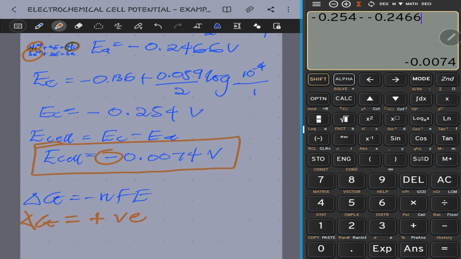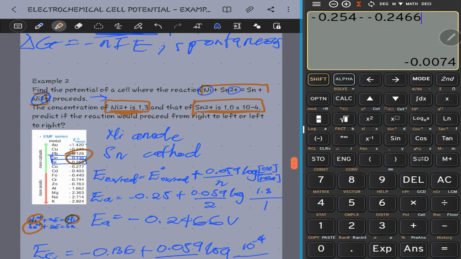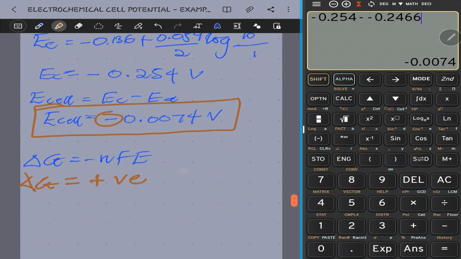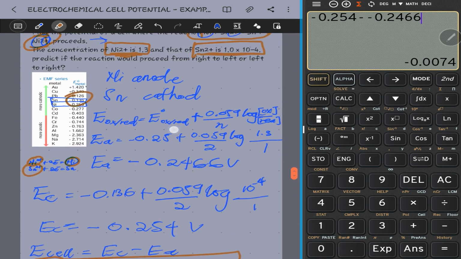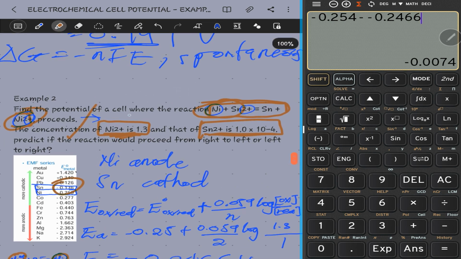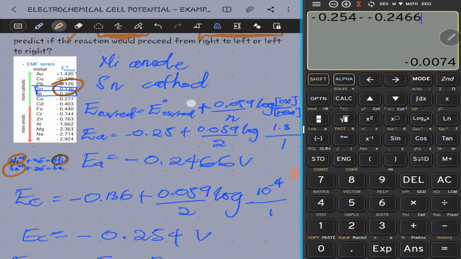And if it's positive, it means that this direction that they've given us, this whole thing from here to here, won't be feasible. So it won't go from left to right as we are seeing here, but rather in the opposite direction, from right to left.